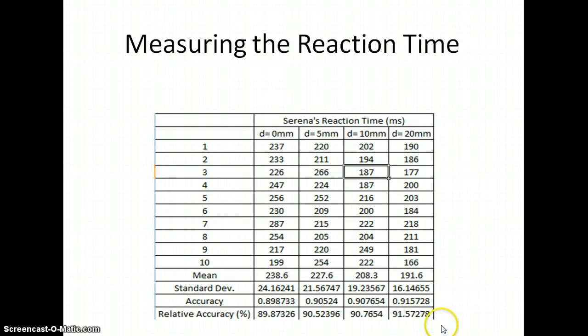And the reaction time of the subjects also has something to do with the relative accuracy. Especially in the first column, for those who have a really slow reaction time, it doesn't matter much to the accuracy.